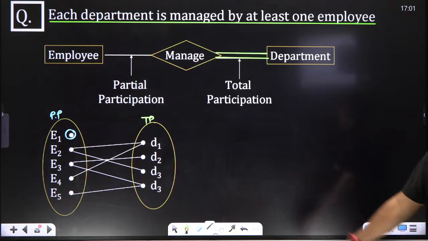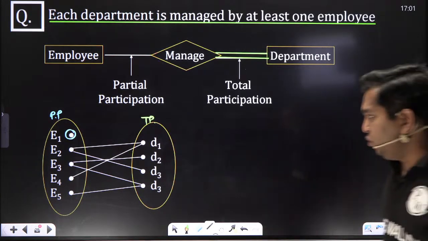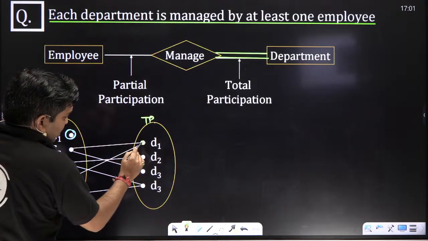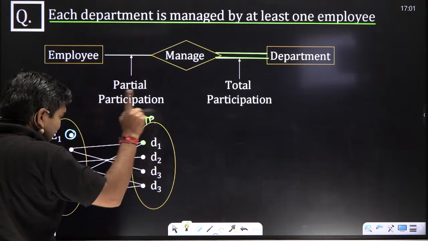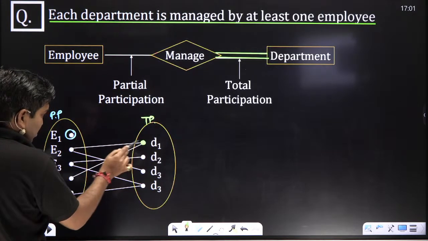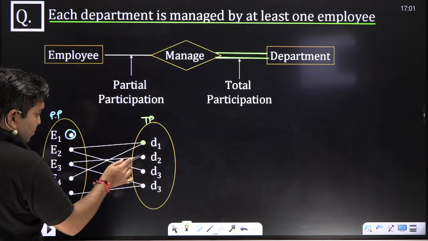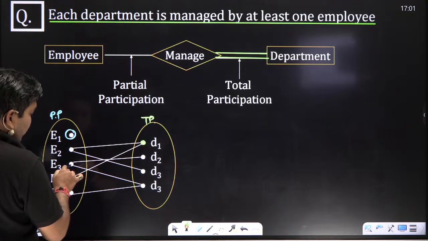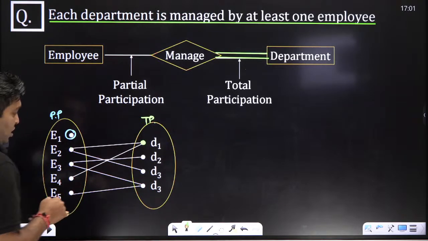This department is managed by E2 and E3, this department by E2 and E4, and this department by E2, E3.